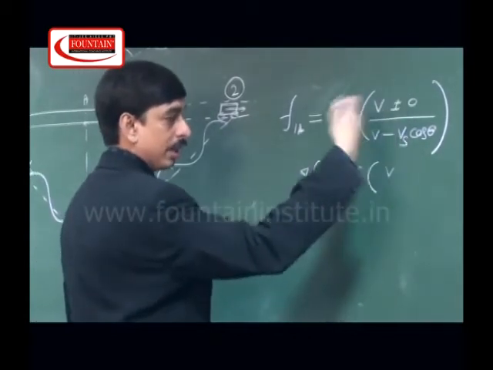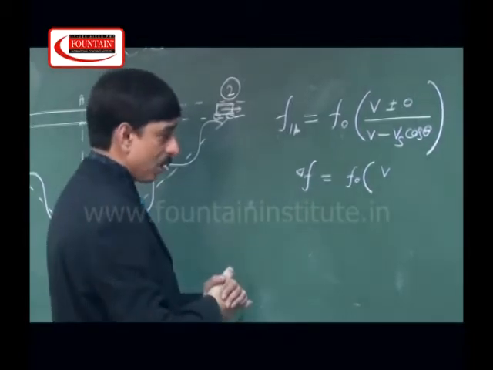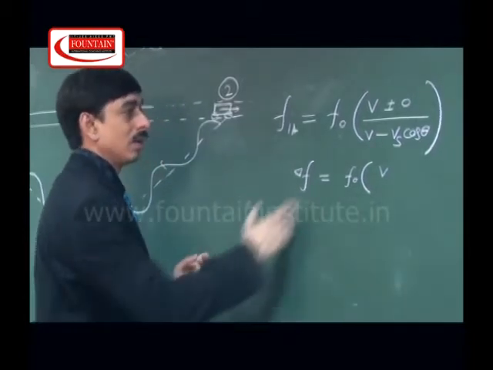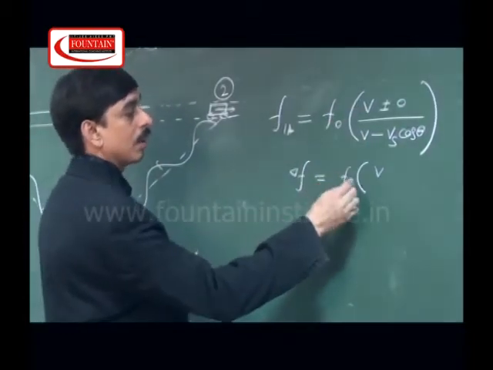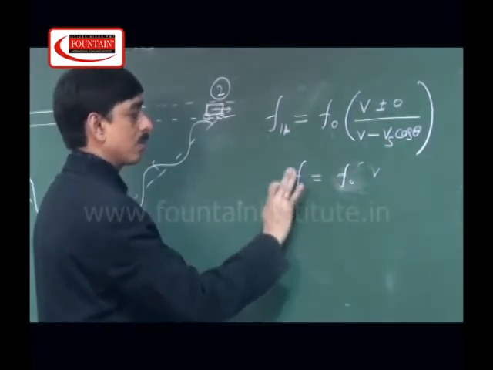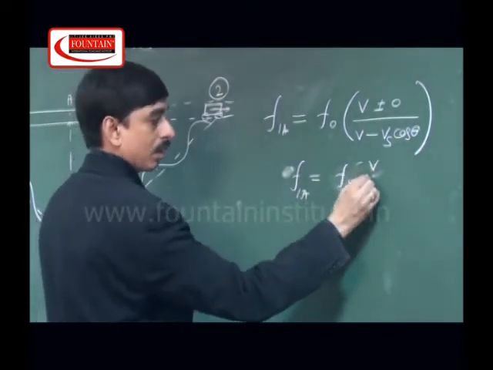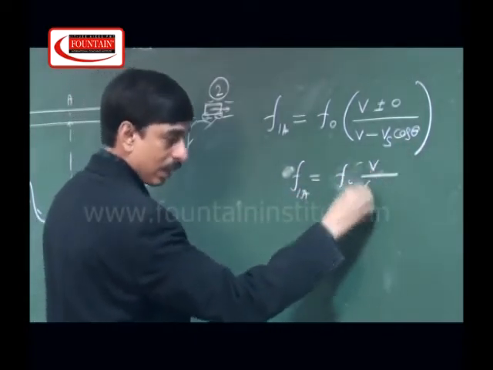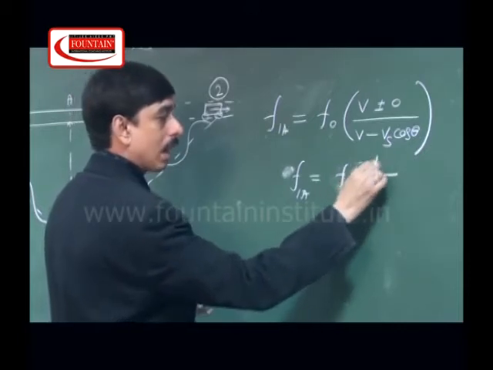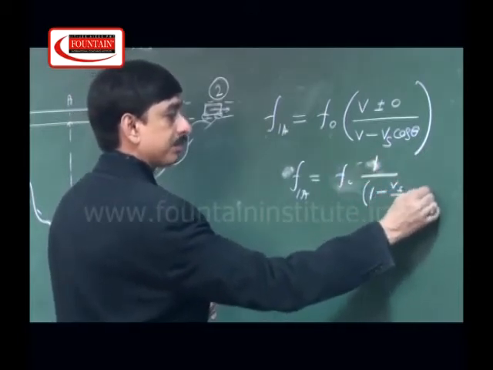upon, if we use the binomial theorem, you will get a very simple law. Okay, before coming to that part, I am going through your equation. The apparent frequency from 1 to A is f0 v, as we write this part, 1 upon 1 minus vs by v cos theta.